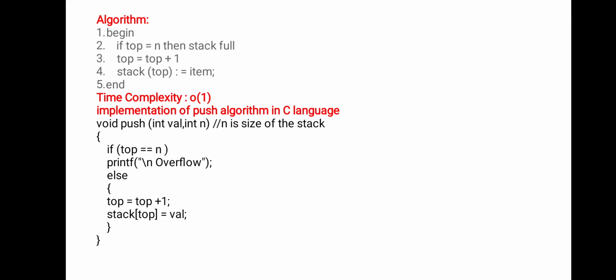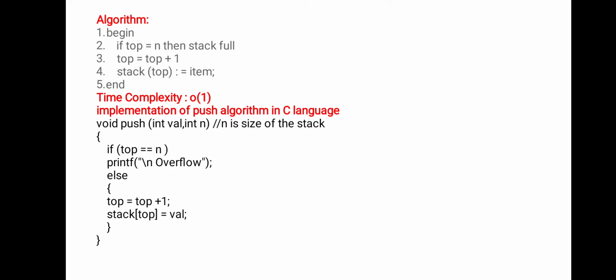Simply, first we have to check whether the stack is full or not. The condition if top is equal to n checks whether the stack is full. If it is full, then we simply display that the stack is full. There is no way to insert an element into the stack.